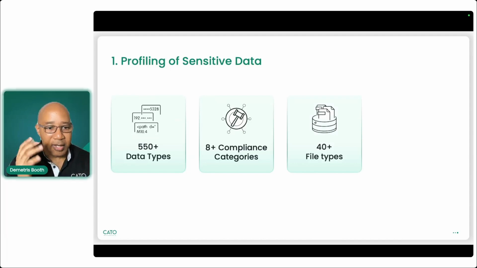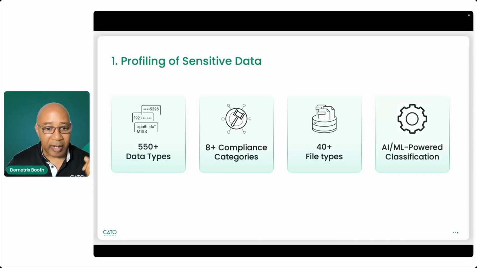Beyond the predefined data types, we also make it possible to define your own custom data types as well. And then finally, Cato's DLP has an advanced engine that extends the data protection for sensitive information. We're talking OCR, optical character recognition, exact data match, EDM, the ability of training your own data.